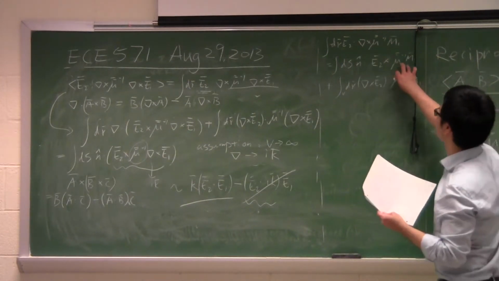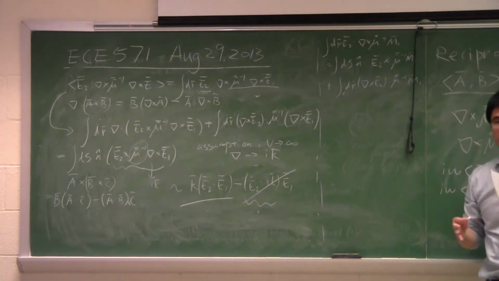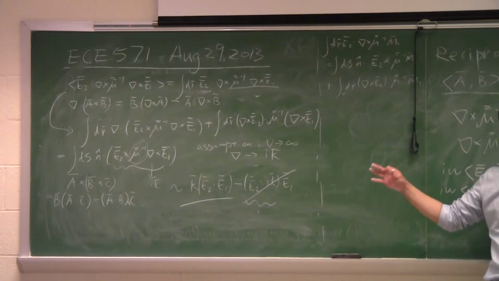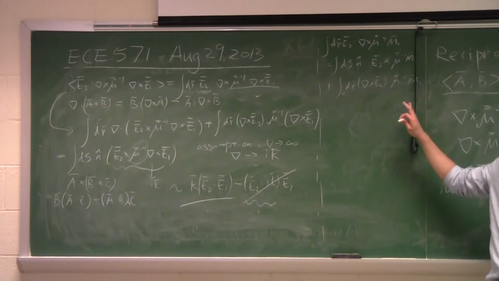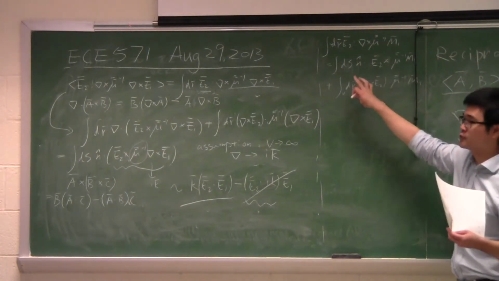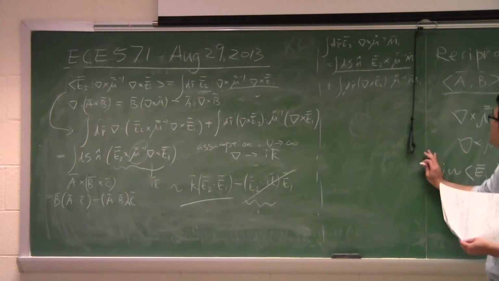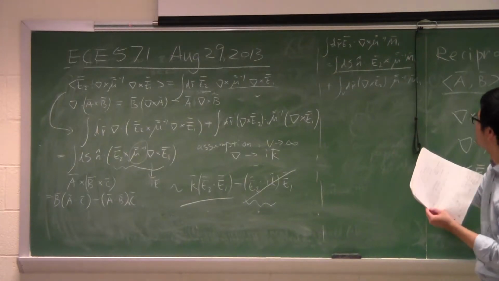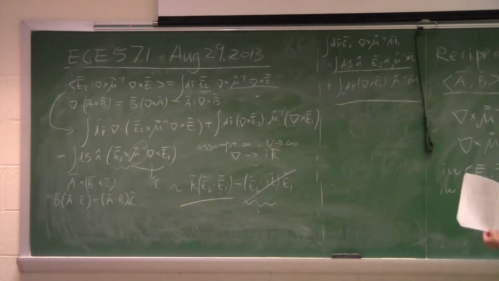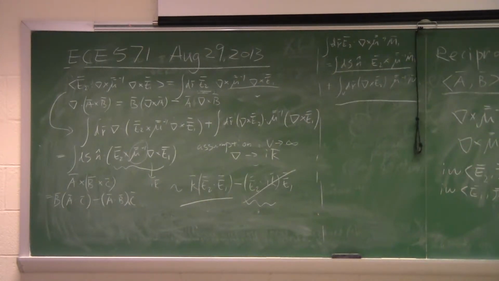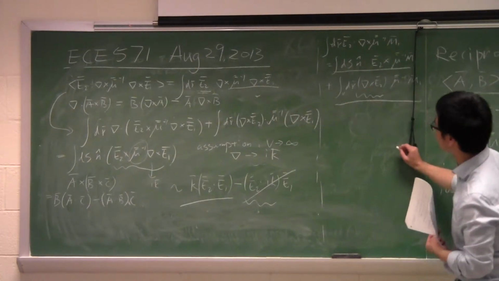Now to throw away this term, we have to assume that the source is finite. So we can always make the volume very large, so that outside of a certain volume, the source will become 0. So we can choose such a surface to make this term 0. All right. So what we have left here is just this term. Okay. So what does the curl of E2 mean here?